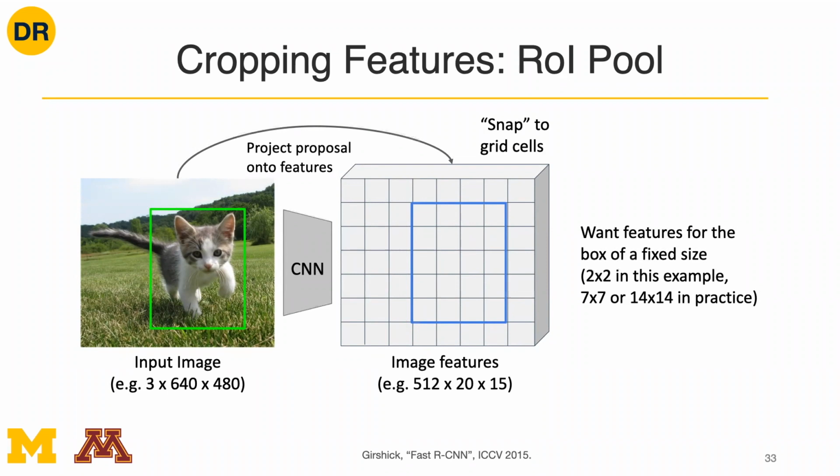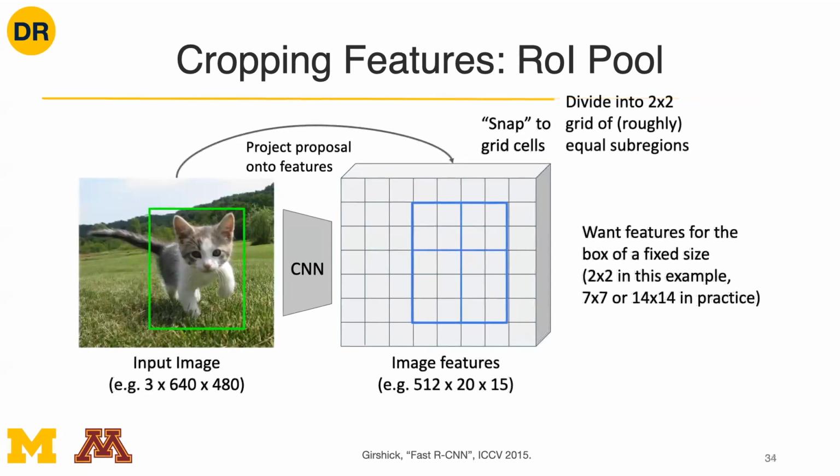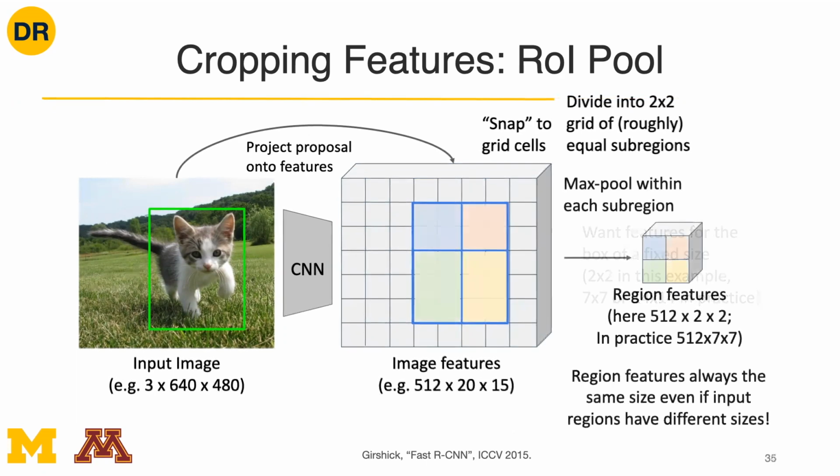You snap that to the grid cells, and you figure out what the subregions are, because at the end you want 2 by 2. So you are again trying to fit it to the discretized structure of your feature map, and then you can perform some sort of max pooling to get it back to the 2 by 2 that your region network is expecting as an input.